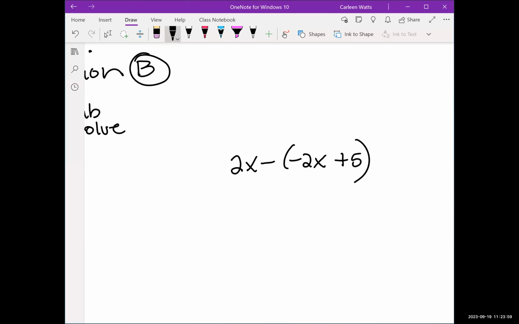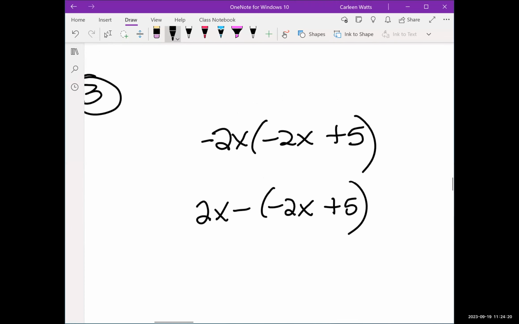Okay. So let's look at the difference. Super important. Do you see the difference? For the top one, what is getting distributed?